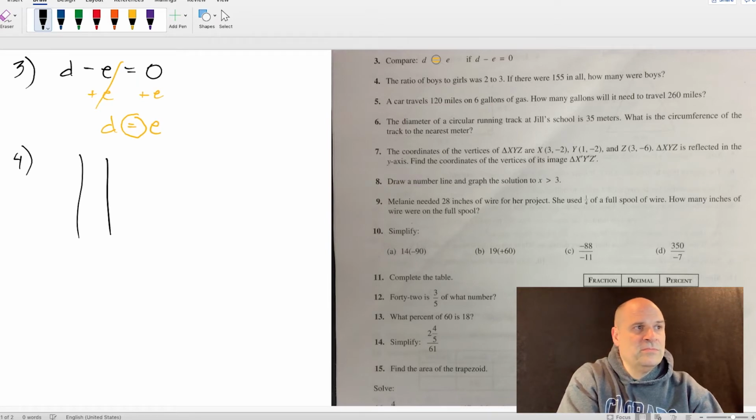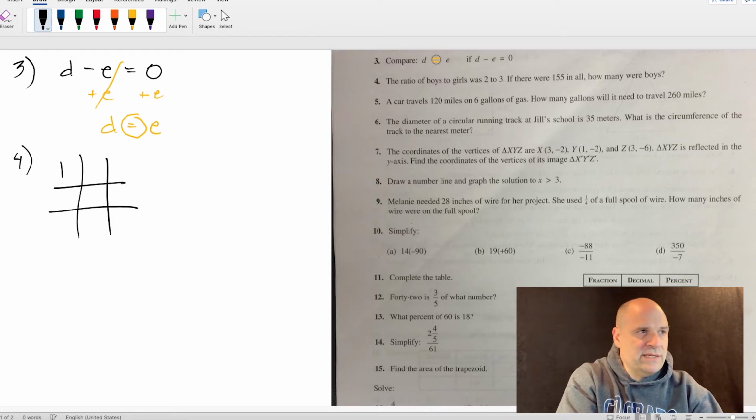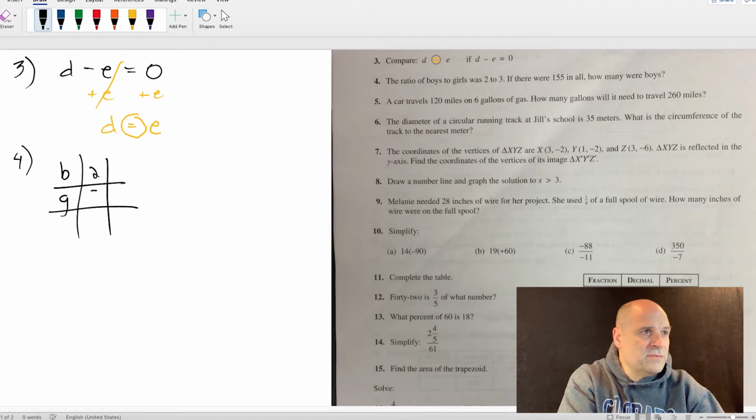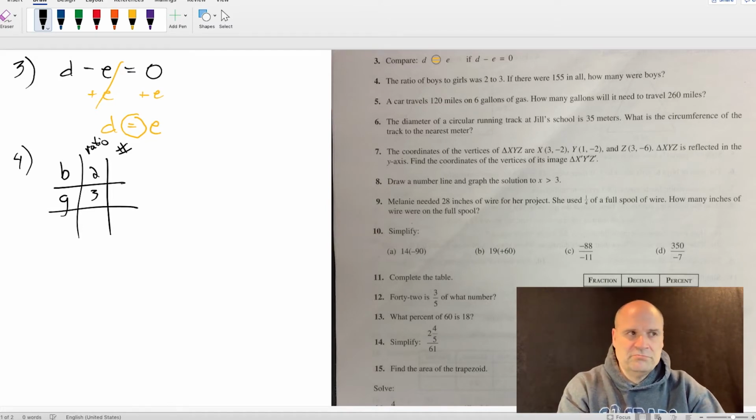All right, number 4, ratio. Uh-oh, ratio box, boom. Ratio of boys to girls, I'm gonna put B, G, was 2 to 3. So remember, this is our ratio column, and this will be our actual number column. If there were 155 in all, well, where does the 155 go? That's not talking about boys or girls, it's talking about boys and girls. So we're gonna do a boys and girls row, which is total.